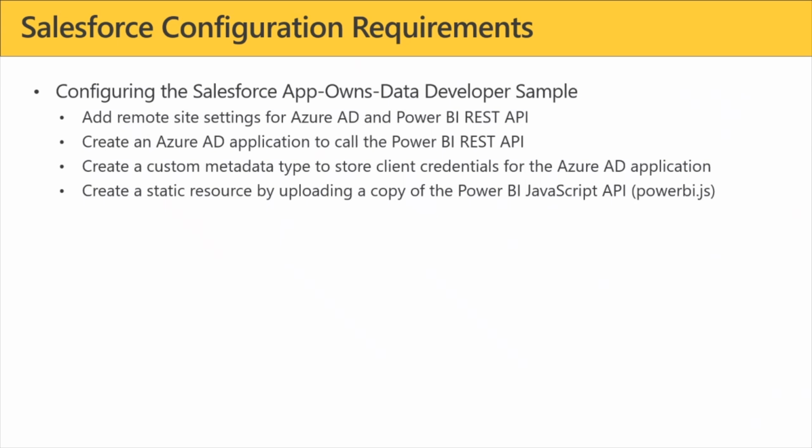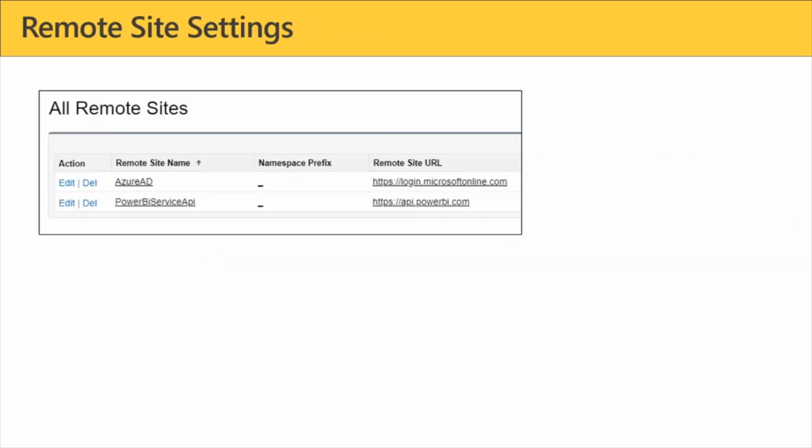We're going to create a custom metadata type, so somewhere in Salesforce we can store our client credentials so we can authenticate as a service principal. And then finally, I need to have Power BI.js, that JavaScript library, available in an Aura component or a Lightning Web Component. So we have to upload that into our Salesforce environment as a static resource.